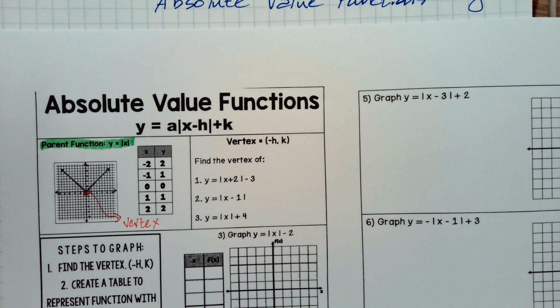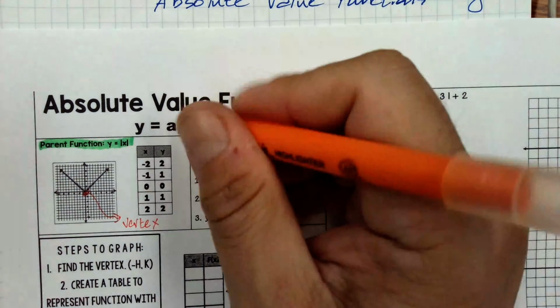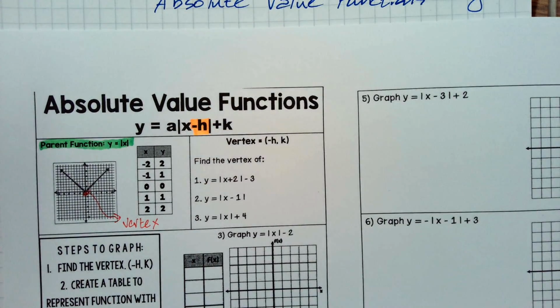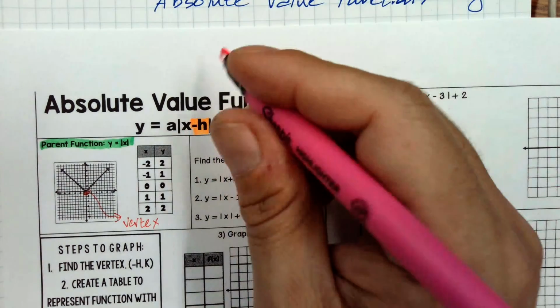It either opens up like this one or it's going to open down, and we'll look at an example of each. So the first thing we're going to figure out is how to find this vertex point. And it all has to do with these two values, h, or negative h, and k.